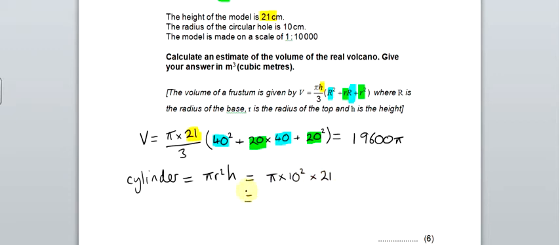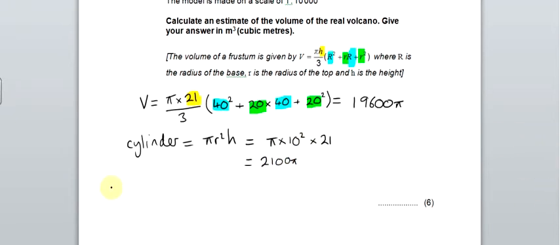I'll pop pi times 10 squared times 21 into the calculator, and that gives me 2100 pi.